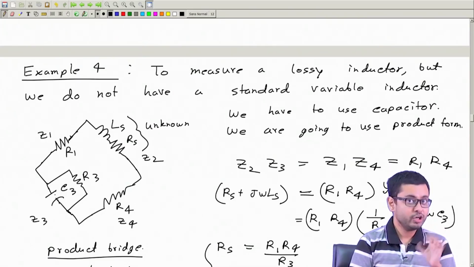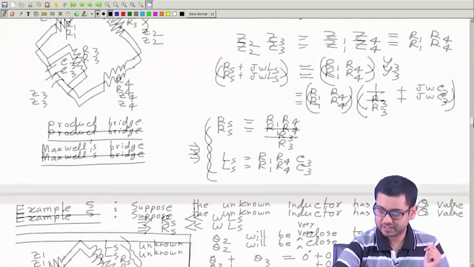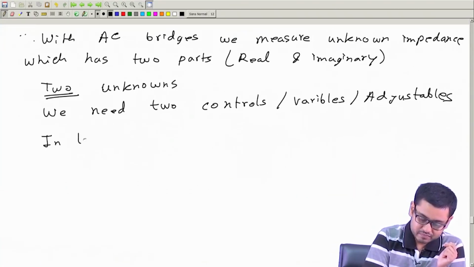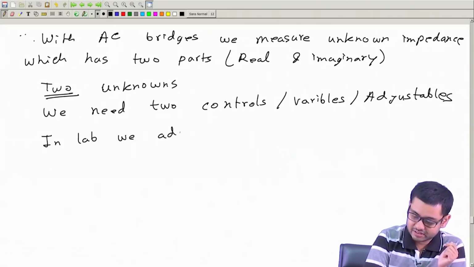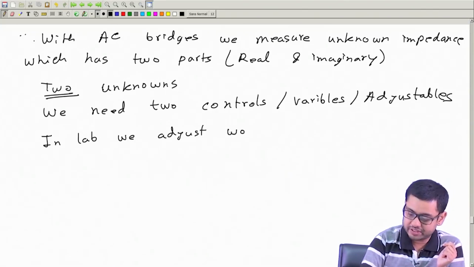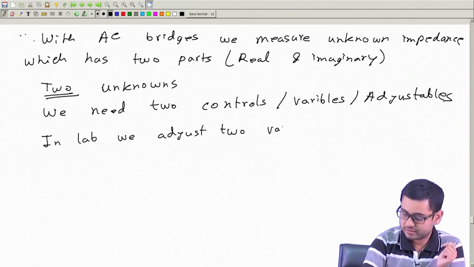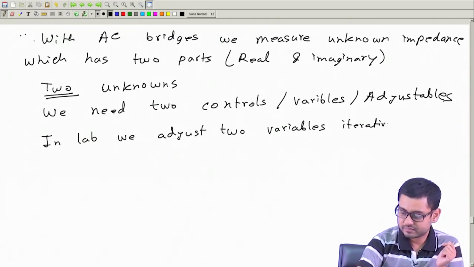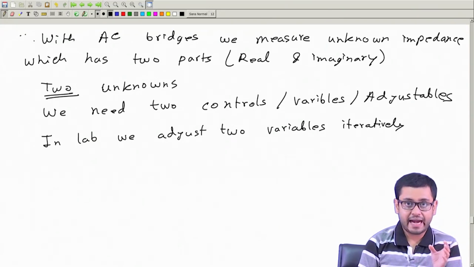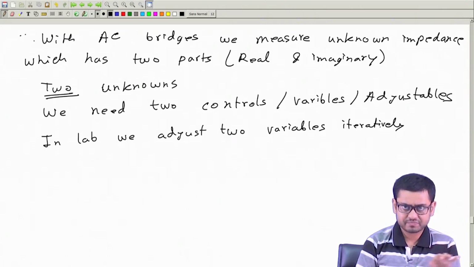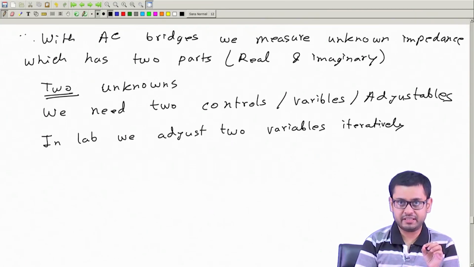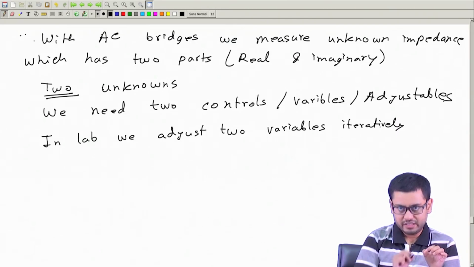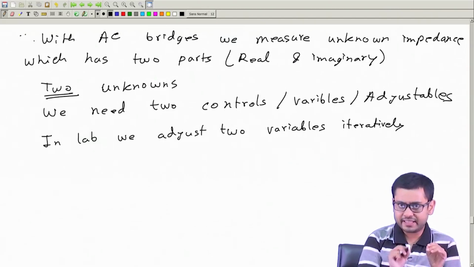And how do we do it? We do it iteratively in lab. In lab we adjust two variables iteratively. First adjust a resistance, get the minimum deflection as close to the null condition as possible, increasing or decreasing the resistance.